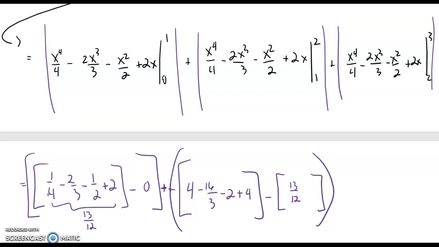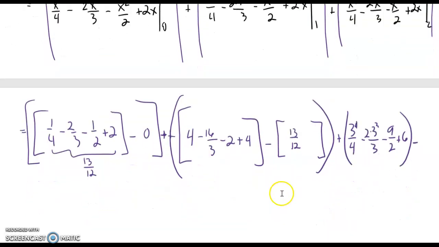And then we'll do this all over again for the last one. You get 3 to the 4th over 4 minus 2 times 3 to the 3rd over 3 minus 9/2 plus 6. That's what I get when I plug in 3. And then minus, I'm running out of room.